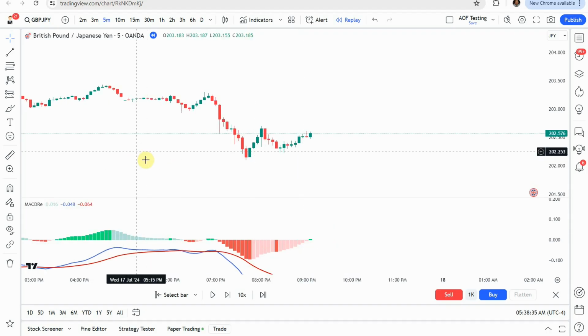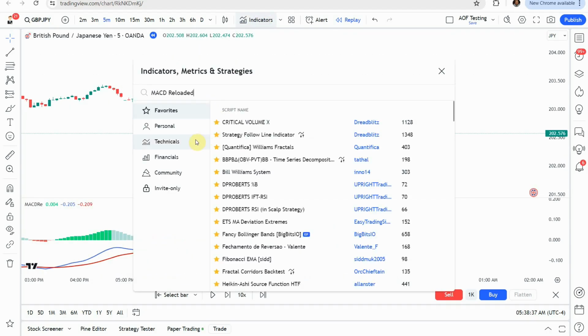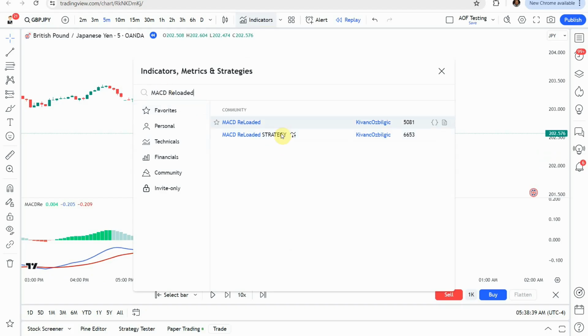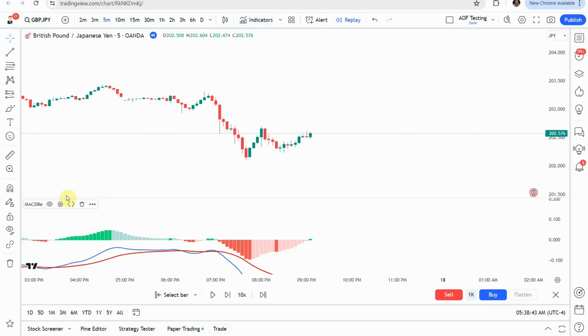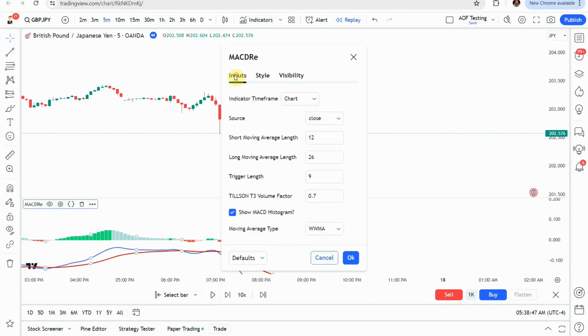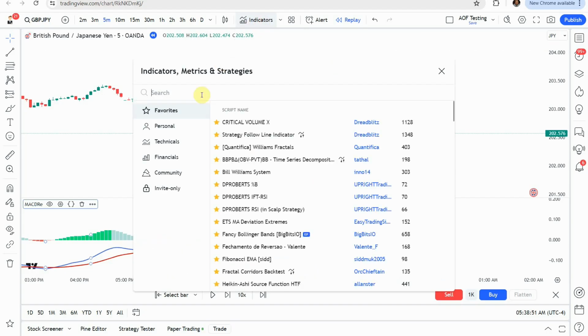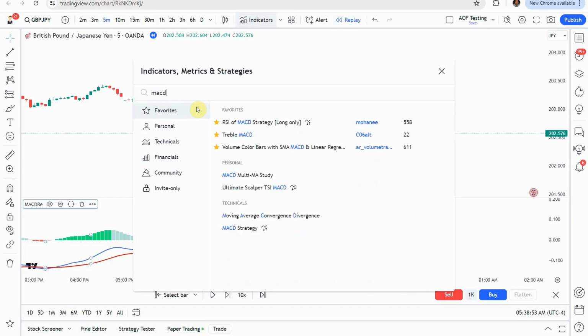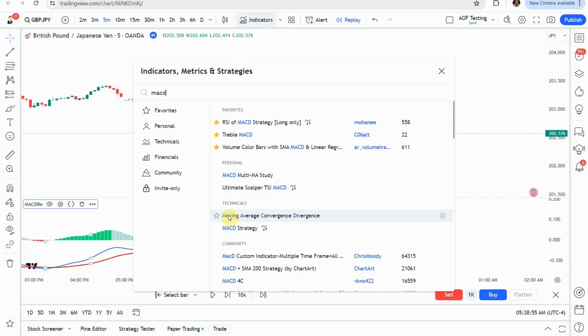So the indicator that we are looking at is going to be the MACD reloaded, this one right here. Go ahead and add that to the screen and click into the settings. And this is where the new MACD is a little bit different. So if we add the old MACD to the screen right here, this is the built-in moving average convergence divergence.